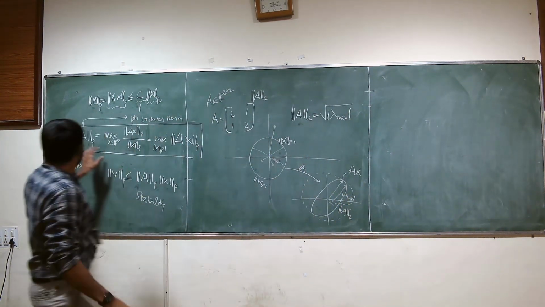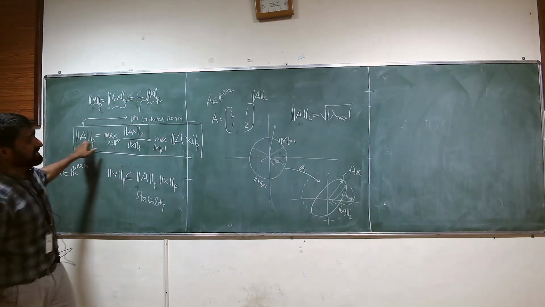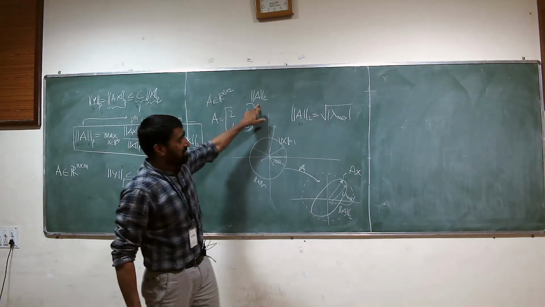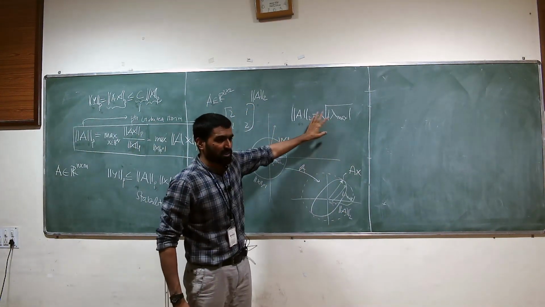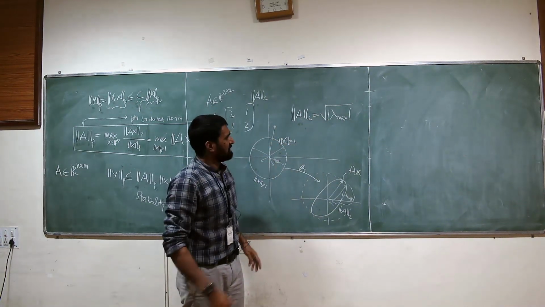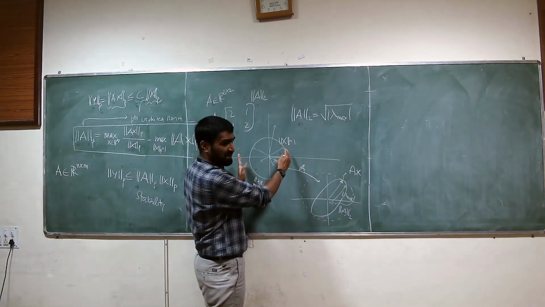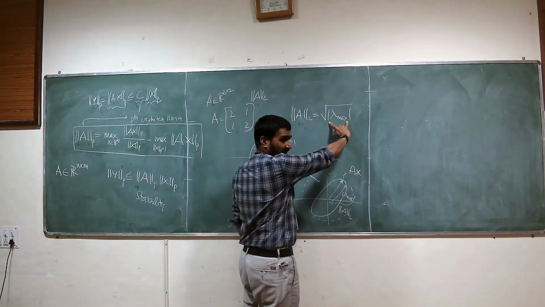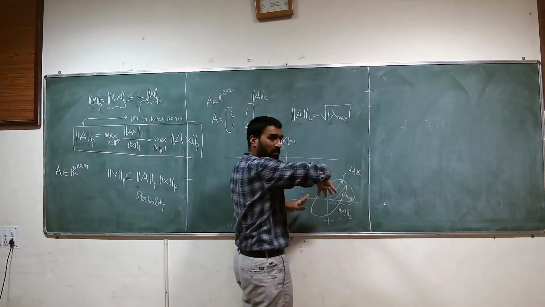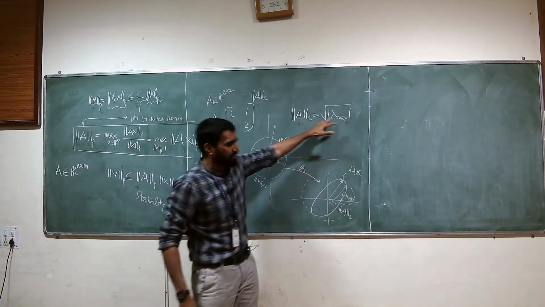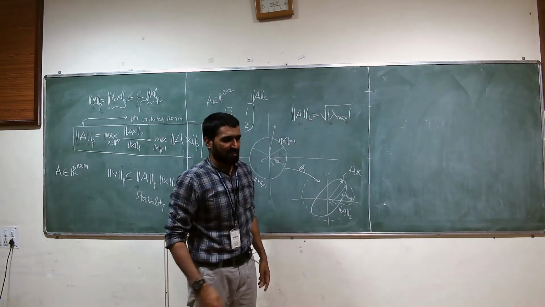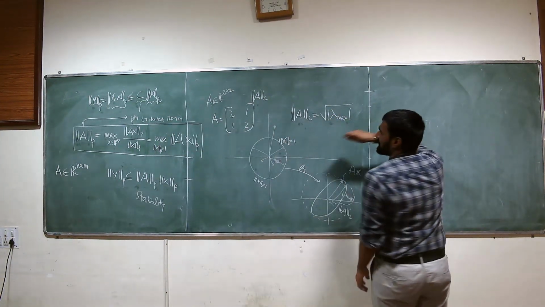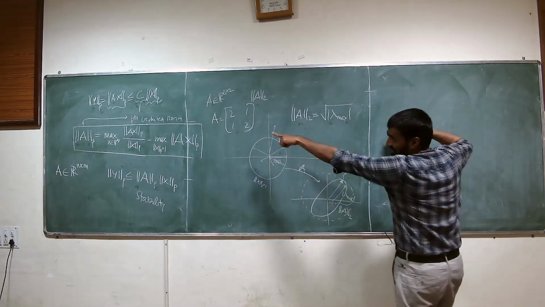For any square matrix A, the second induced norm will simply be this. If you know the eigenvalues, then you know what the second norm is. That means no matter what vector you take here, the vectors will never be amplified more than this. It will always be amplified by a factor no greater than the square root of the absolute value of lambda max. All right. Now, if you have the same matrix, right?